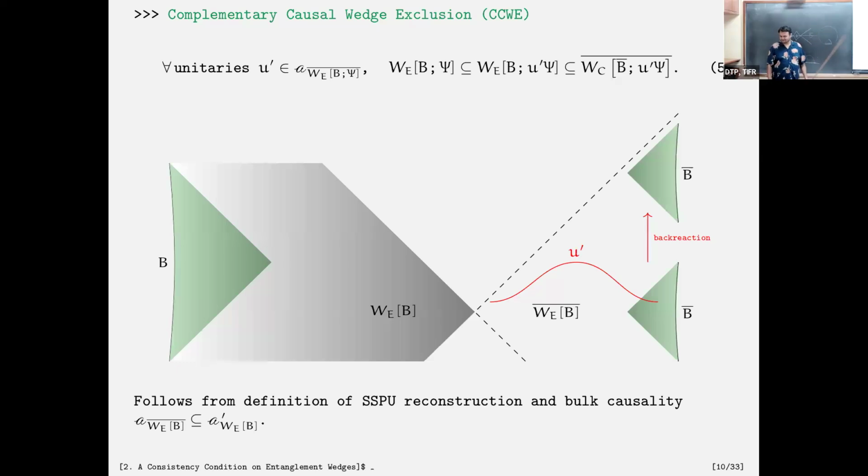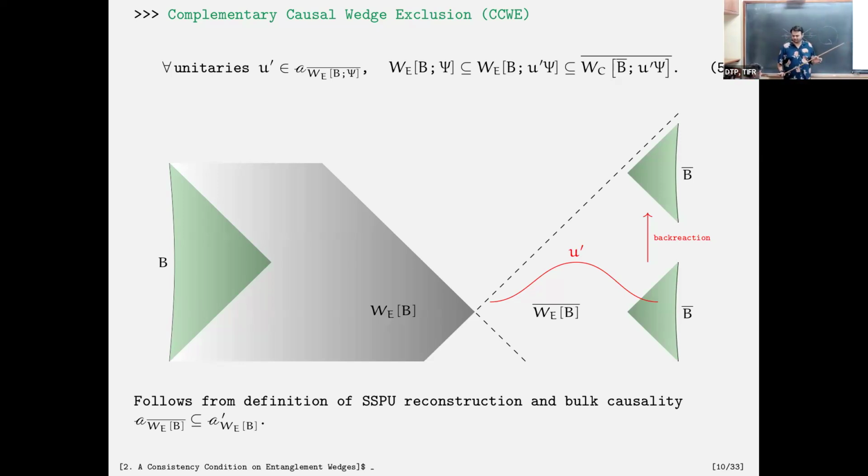Was your condition that you cannot act with a unitary of any sort, no matter how complicated, on B, and then affect something in B bar? Sorry, so with acting with a unitary on B, you could affect something all the way into this gray region, right? Yeah, unitaries are.